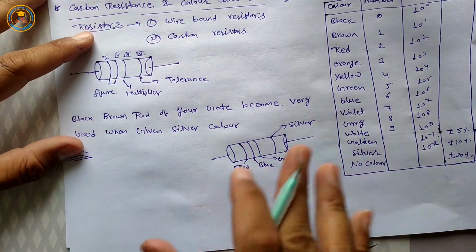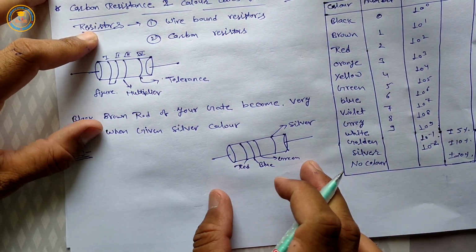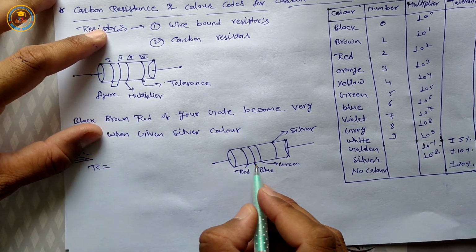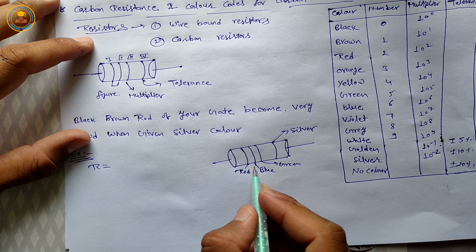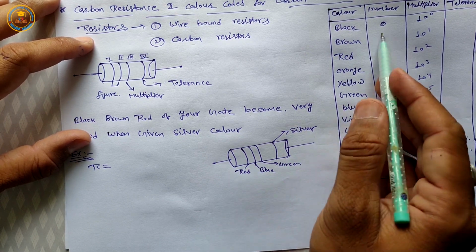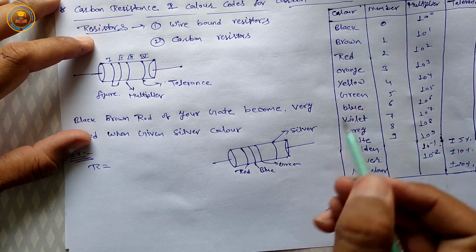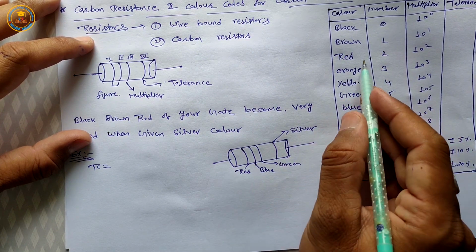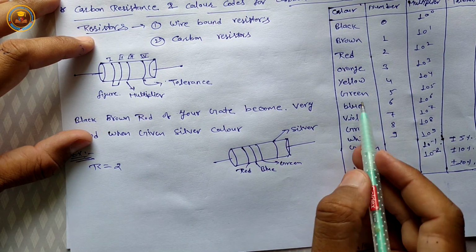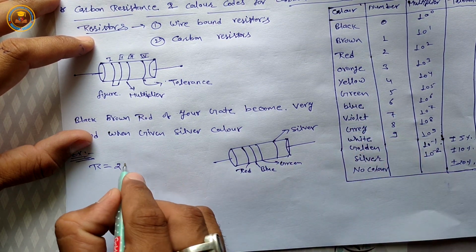Now determine the resistance of this resistor. R is equal to: the first and second rings represent the number. For red the number is 2, for blue the number is 6.